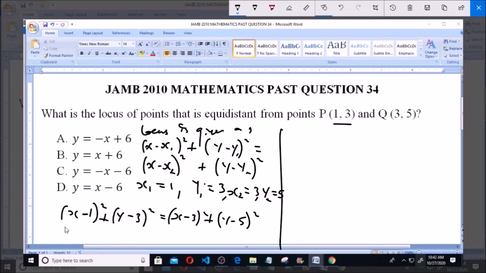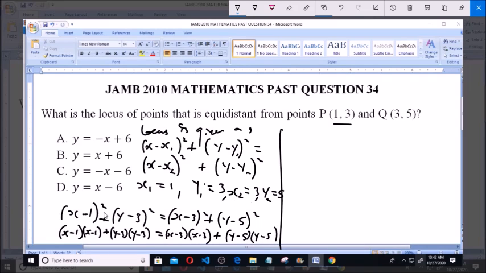So from this we'll be having x minus 1 into x minus 1 plus y minus 3 into y minus 3, equal to x minus 3 into x minus 3 plus y minus 5 into y minus 5.